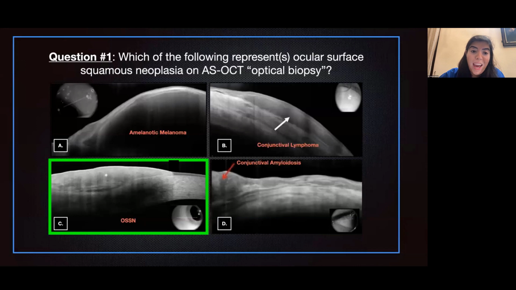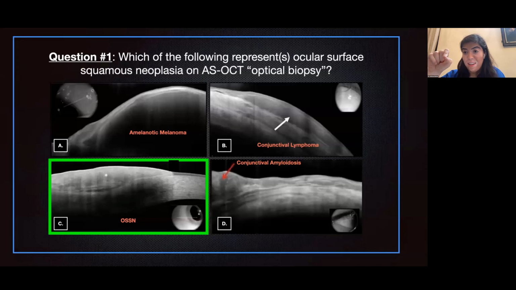Okay. So A was indeed a melanoma. It was an amelanotic melanoma, but of course, we cannot tell whether it's amelanotic or not, but it's important to identify that, yes, this A is a melanoma. Okay, great job, guys.